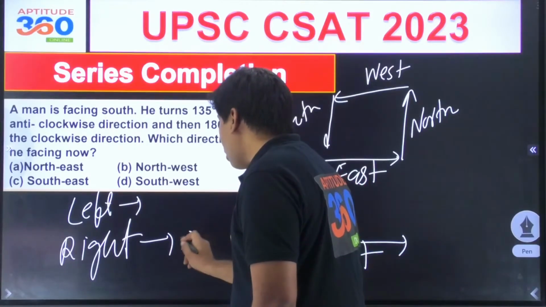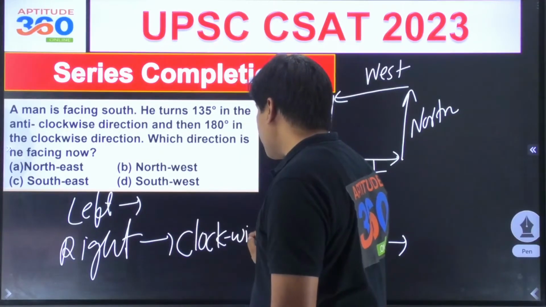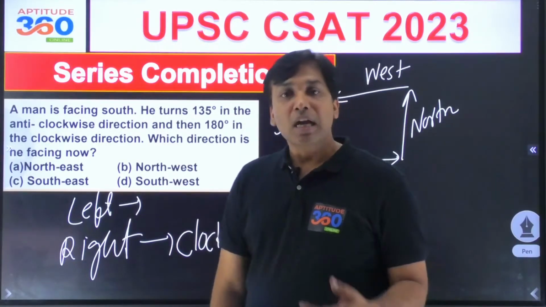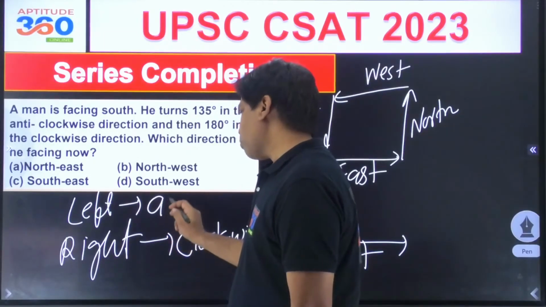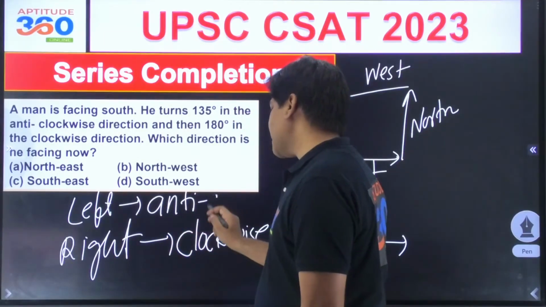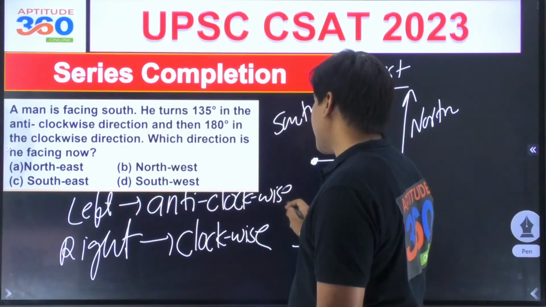Right is clockwise. If you get confused, just remember this. What is the meaning of right? You are moving in the clockwise direction, and left is anti-clockwise. These are the only two things that I should be telling you. इसी के बेसिस पे आपके बहुत सारे problems simplify हो जाएंगे.